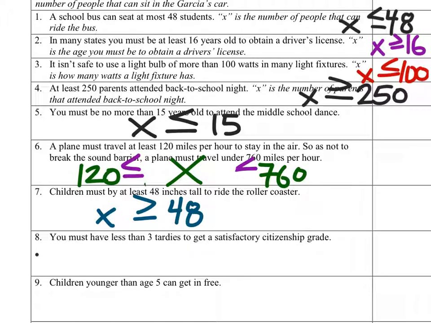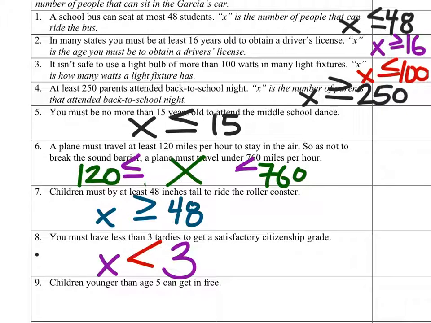All right, number 8. You must have less than 3 tardies to get a satisfactory citizenship grade. So X is the number of tardies, and we're comparing it with 3. So you eat the 3. It eats the 3. Very good. Because we want your tardies to be less than 3, but can it equal 3?